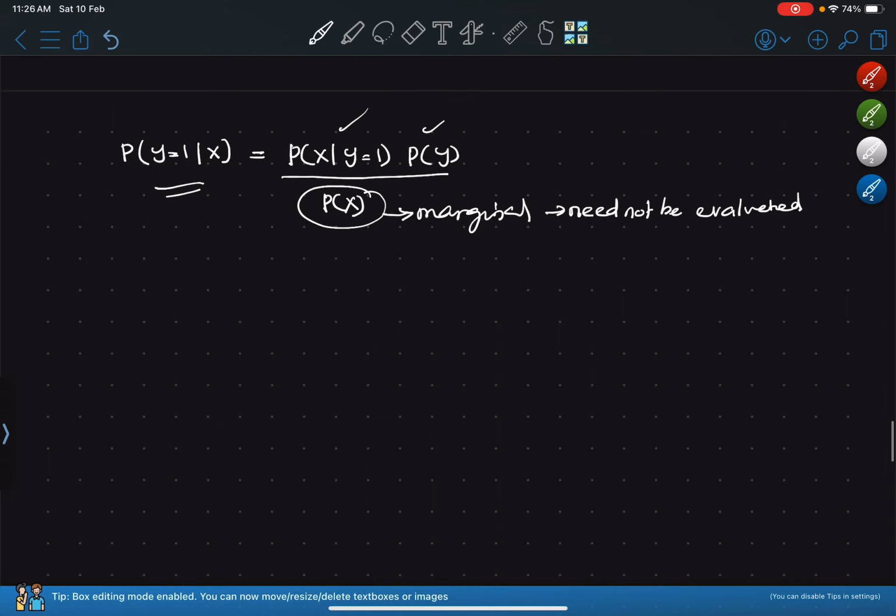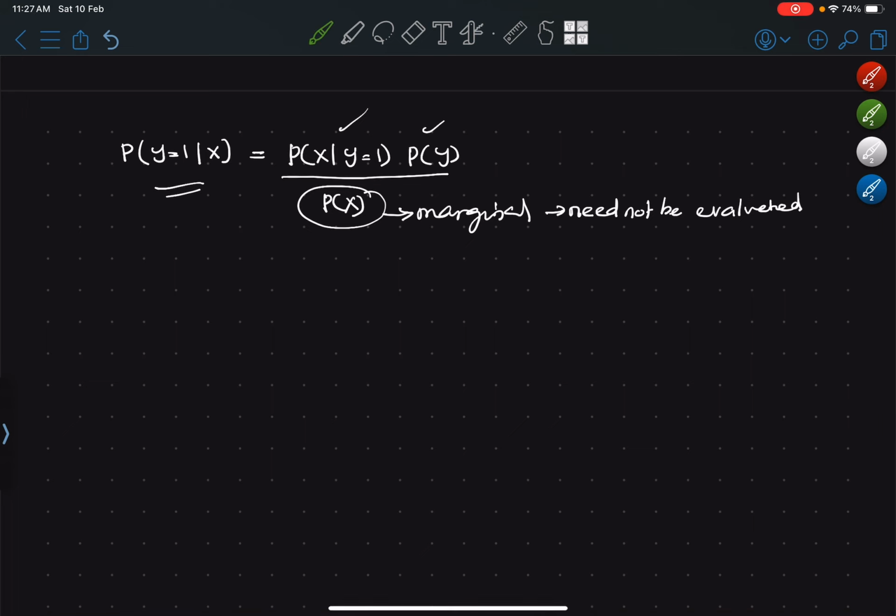So we have to estimate these probabilities. We have some specific terms for this. We call p of x given y equal to 1, or x given y, the class conditional probability. How do you remember which is coming at the denominator, which is coming as the condition?